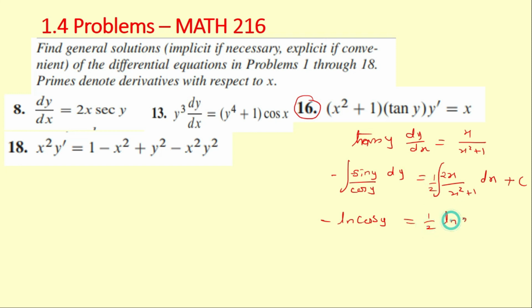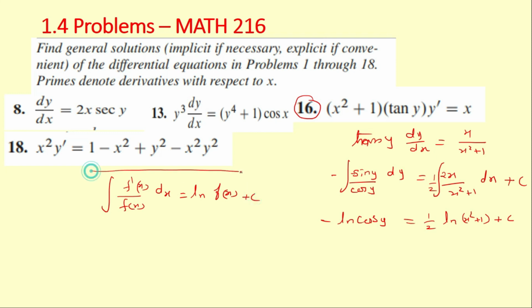Then this part will be ln of x squared plus 1 plus c. For your information, the integral of f prime of x in the numerator over f of x in the denominator dx will always lead to ln of the denominator f of x. This is the technique I used here, or we can use the u substitution method.